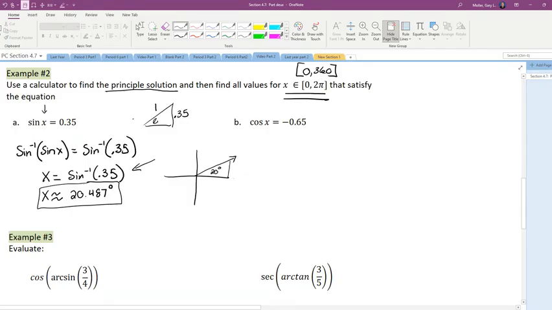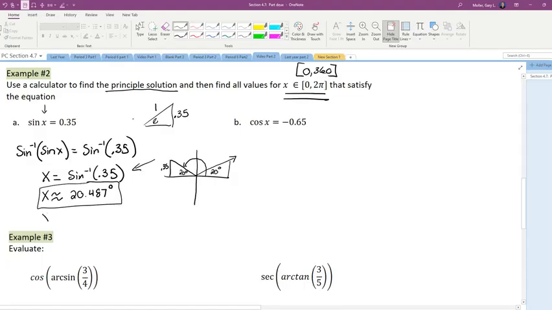Well, what other angle has a sine of 0.35? It would be this angle right here. That would also be the 0.35. So that means this is also the 20-ish degrees right there. So what angle would that be from standard position? It would be approximately 160 degrees.